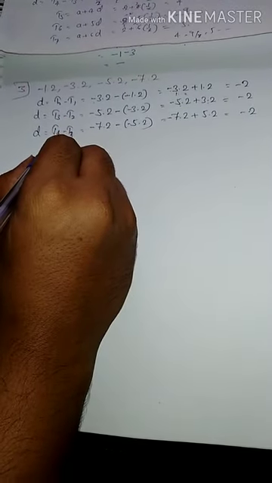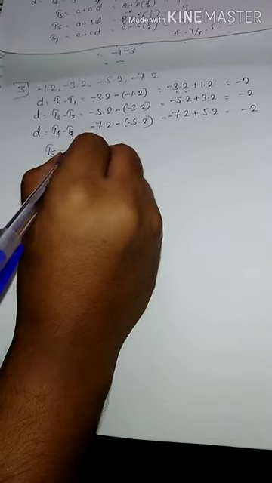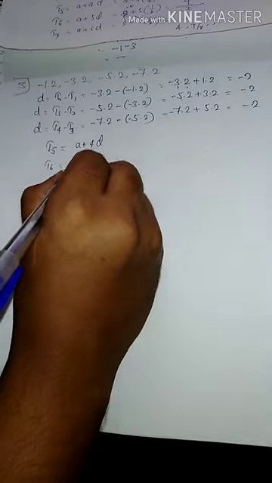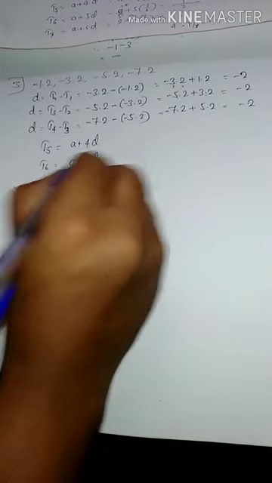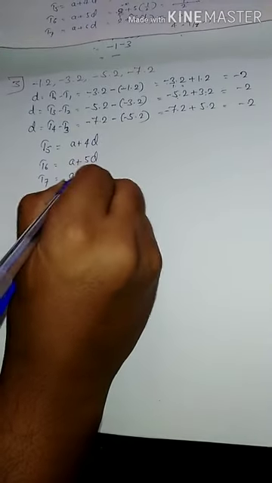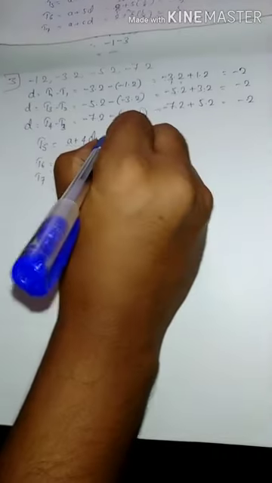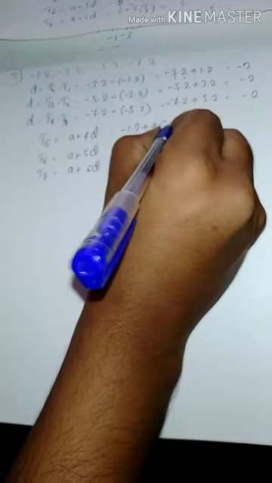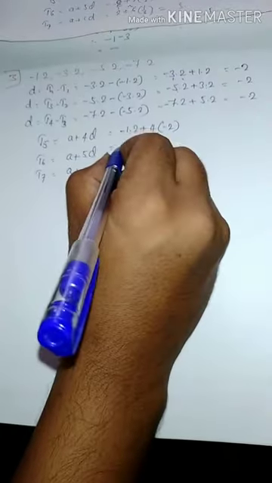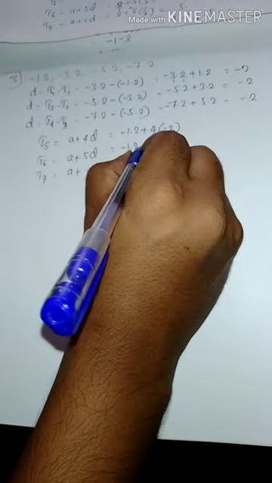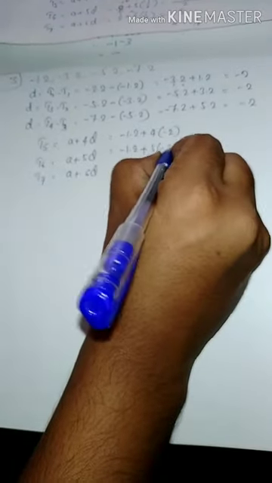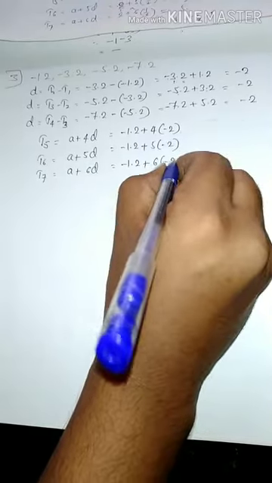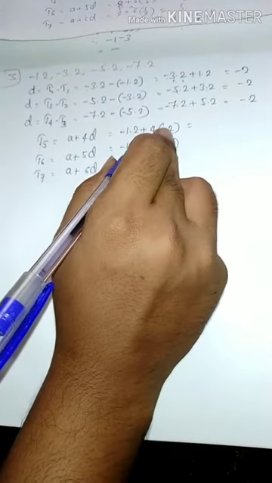Then the next three terms of the arithmetic progression are t5 is equal to a plus 4d, t6 is equal to a plus 5d and t7 is equal to a plus 6d. So a means minus 1.2 plus 4 into minus 2, because the common difference is minus 2 and the first term is minus 1.2. 4 twos are minus 8.